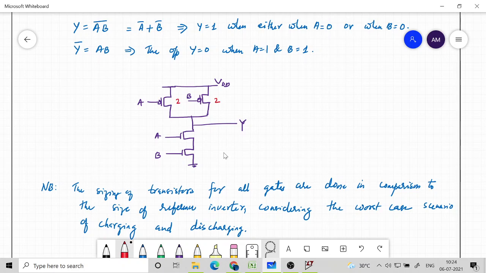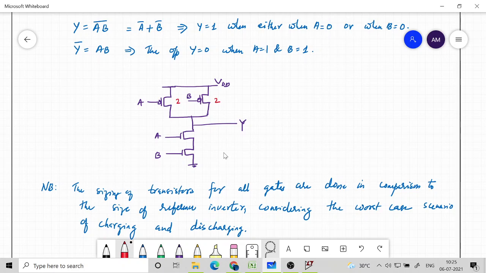And what about the size of NMOS? There is only one case in which it is discharging, and we want the discharging resistance to be same as that of the reference inverter. So the reference inverter would have a resistance R corresponding to its size equal to 1, but here two resistances are coming.